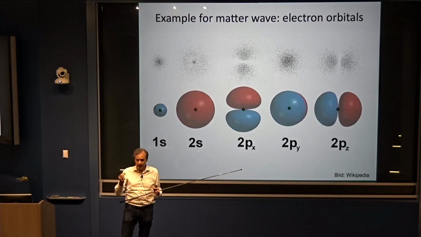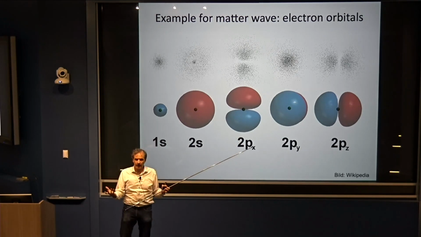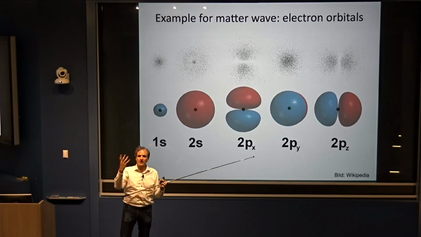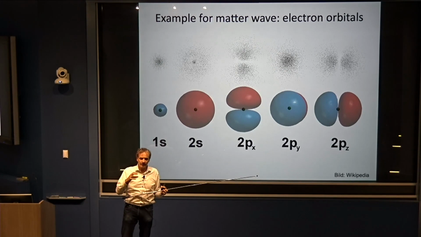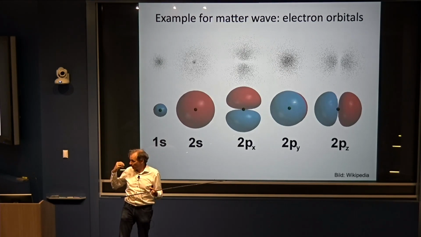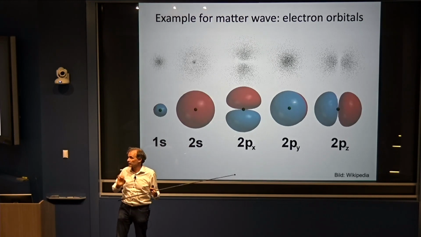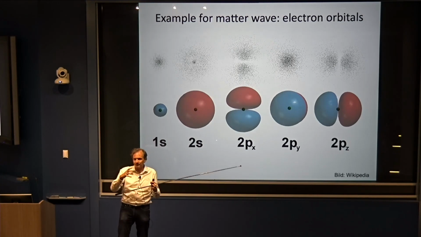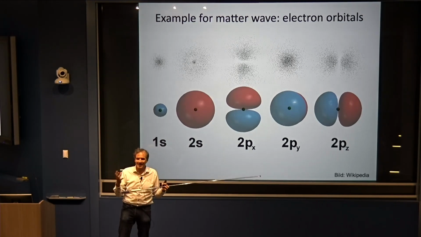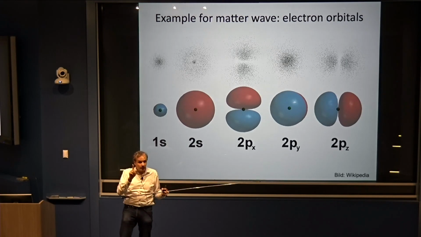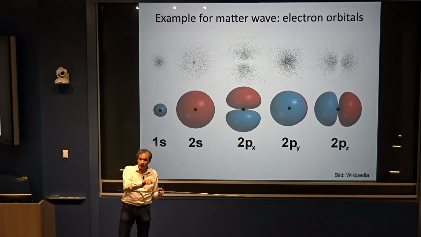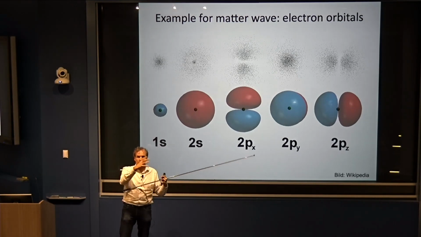The matter wave describing the electron tells you how it is delocalized, and the square of the amplitude of the matter wave gives you the probability to find an electron at a certain position. But electrons around an atom you can think of as smeared out around the atom, delocalized. Once you try to measure where it is, then you will always find it at one position. But before that, it is quantum mechanically delocalized.